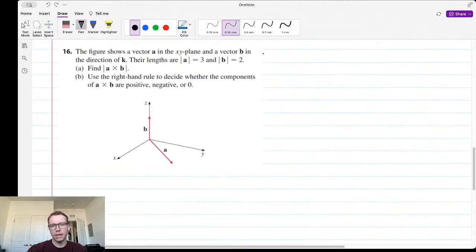We know our vector B is 0, 0, 2, because this goes up a magnitude of 2, and because there's no x's, there's no y's, when you take the magnitude of this, it would be the square root of 0 squared plus 0 squared plus 2 squared, which equals 2. So we know that works.